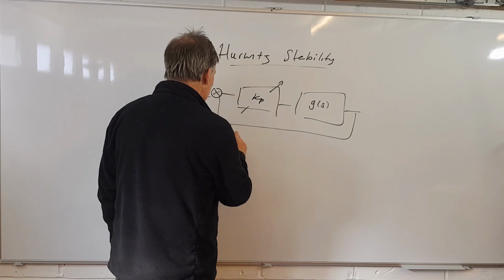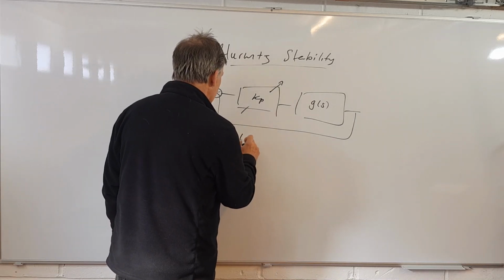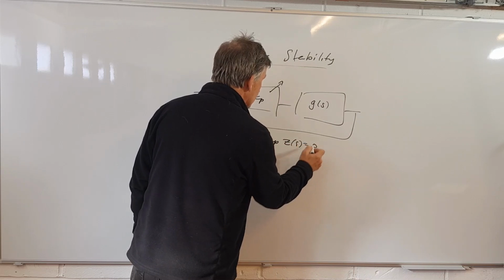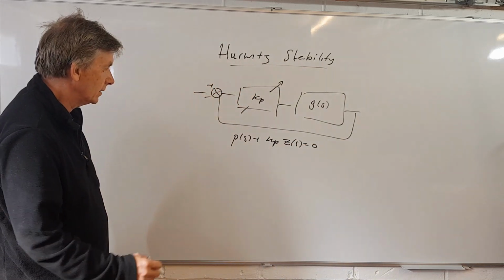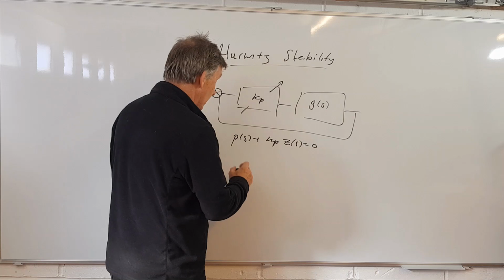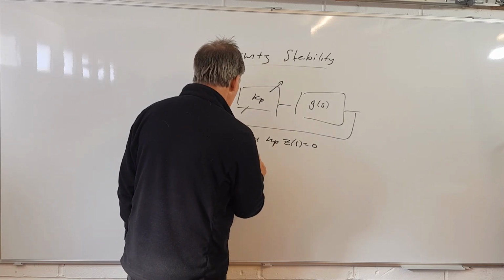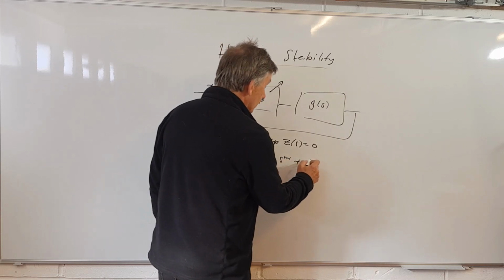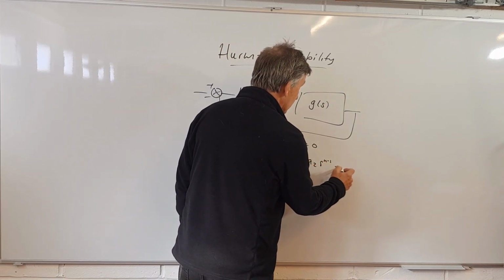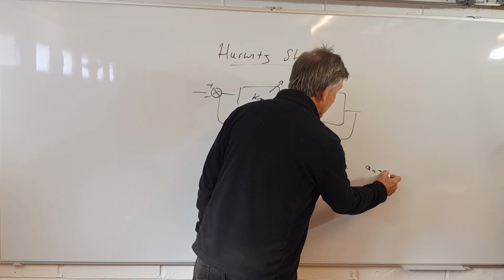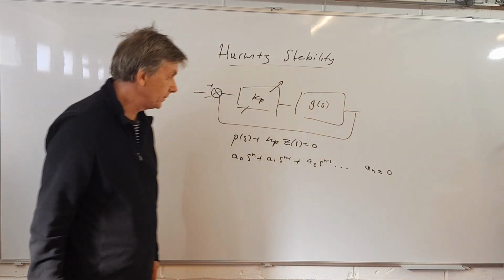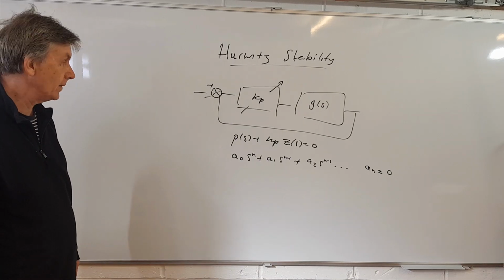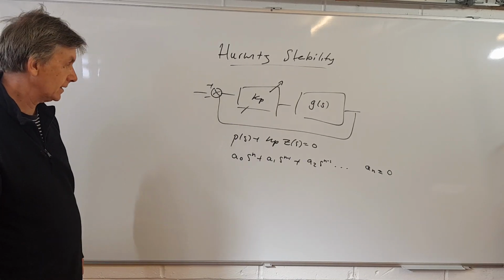So we have the concept of P(s) + K_P Z(s) = 0, which we can convert into a polynomial in the form of a0 s^n + a1 s^(n-1) + a2 s^(n-2) all the way down to an = 0. And it is this equation here that we put into the Hurwitz stability test.